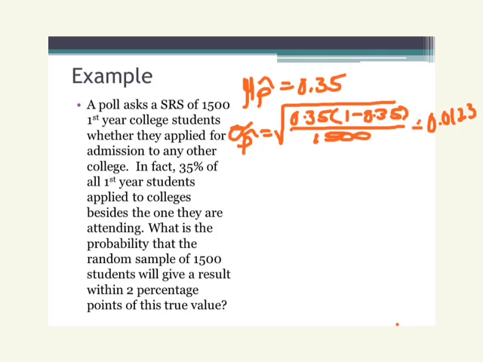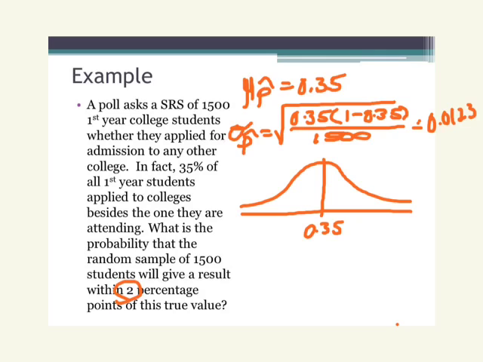Well, again, anytime we use a normal distribution, I highly recommend you draw it out first to help you set it up. And I think some of you have gotten away from actually drawing out the normal distribution. All right, so let's do that here. We have a normal distribution. We know the mean is 0.35. And what we're being asked here is that our sample proportion will give a result within 2 percentage points of this value, 0.35.